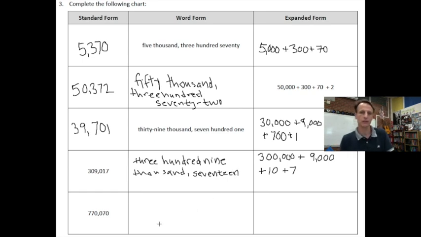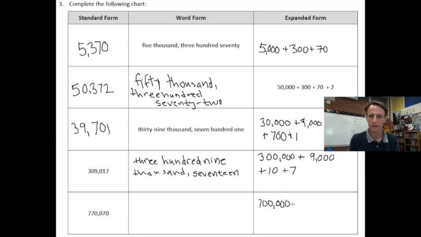All right, let's look at this last one here. We have 770, comma 070. I think they're trying to drive us a little crazy here. Let's go right to expanded form. That first 7 is in the hundred thousands place, right? So its value is, you got it, 700,000.